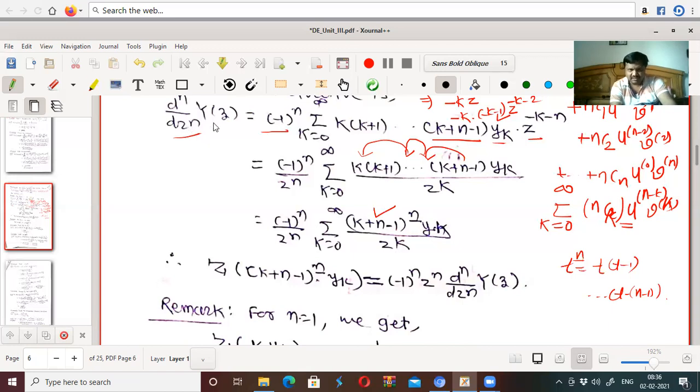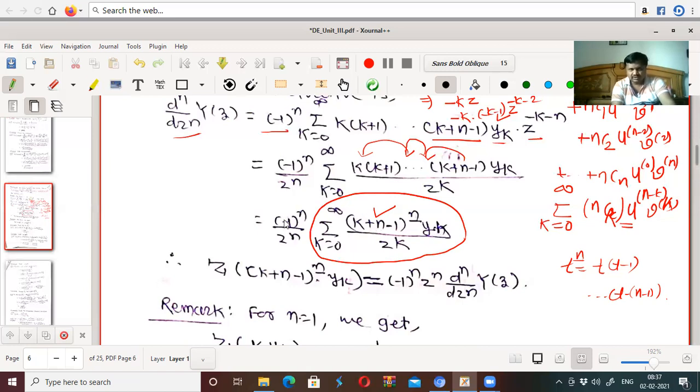So what we obtain: the nth derivative of Y of z is equal to minus 1 raised to n upon z raised to n, summation from k equal to 0 to infinity, k plus n minus 1 to the falling n, yk upon z raised to k. Now what about this summation? This is the z transform of k plus n minus 1 to the falling n, yk.